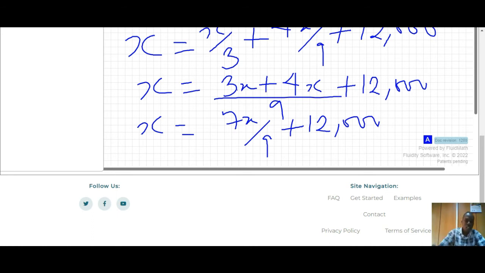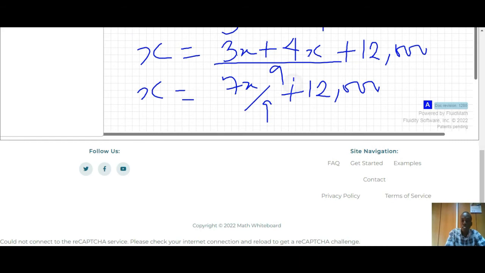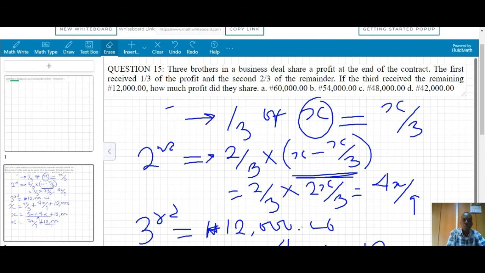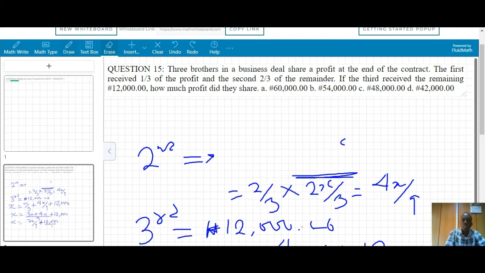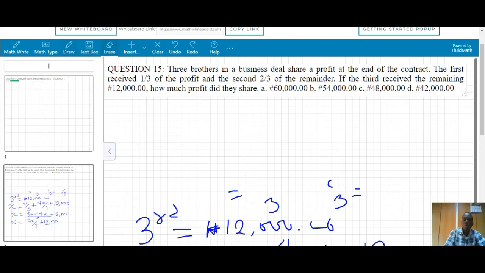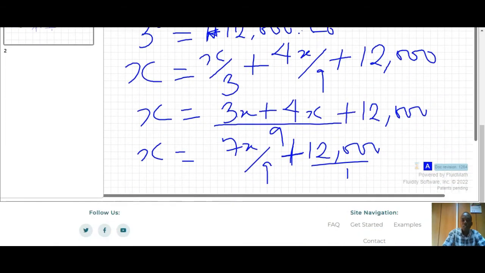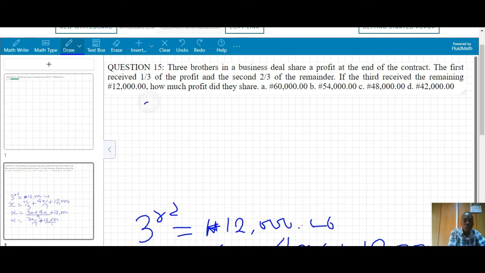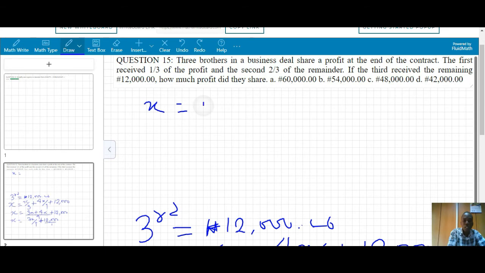Since an addition sign is holding these two terms, we find their LCM. Our X is 7X over 9 plus 12,000, over 1.